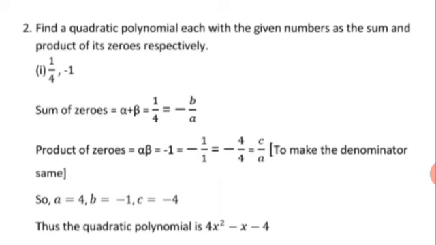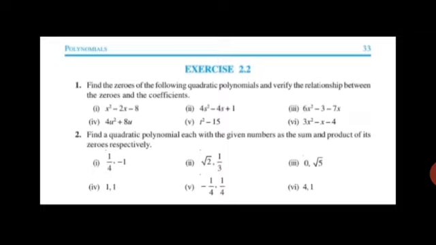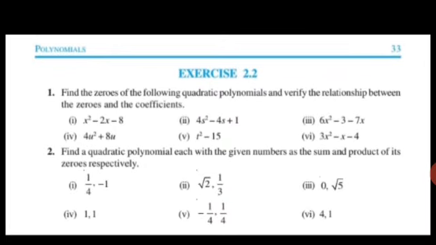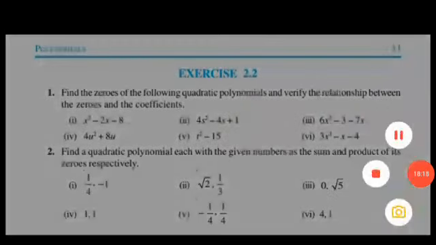This is how I have obtained the quadratic polynomial. The steps are very easy to understand. Okay children? So, your job is now to solve this entire exercise and understand the relationship between the zeros and the coefficients of a quadratic polynomial. Thank you for now.